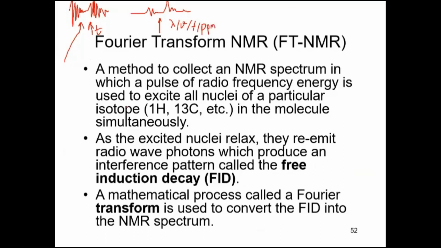There will be formulas for that. We don't want to go into the mathematics of it, but we can simply say we are converting the time domain to the frequency domain. Let's go a little deeper. This is a method to collect an NMR spectrum in which a pulse of radio frequency energy is used to excite all nuclei of a particular isotope, which may be H1 or C13, in the molecule simultaneously.